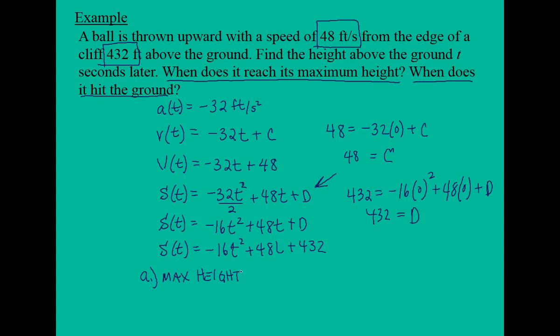If we set our velocity function equal to 0, this would give us the time in which the ball reached its maximum height. So we'd subtract 48, divide by negative 32, so that looks like it would be, what is that, 1.5 seconds.